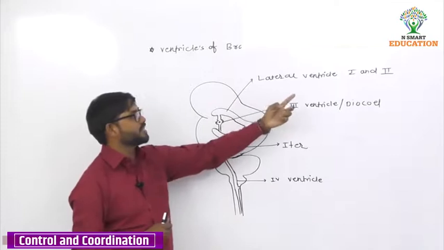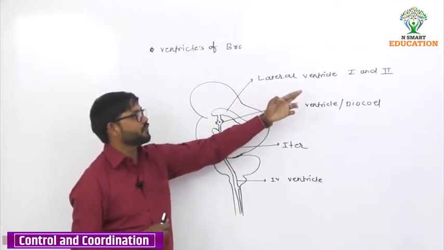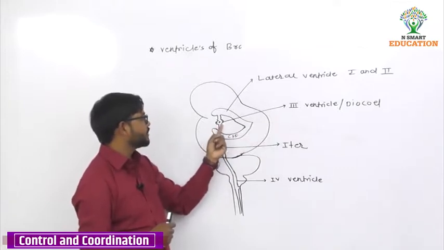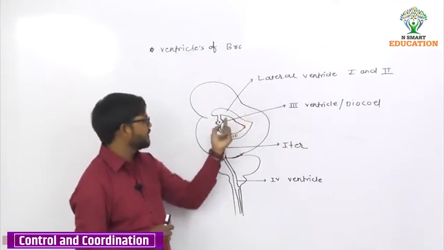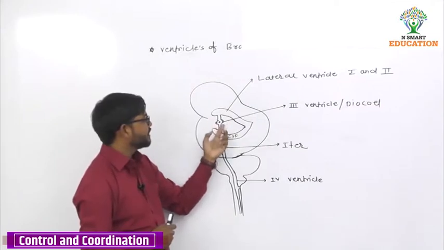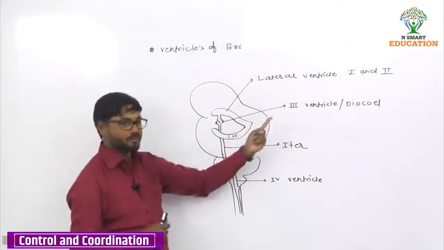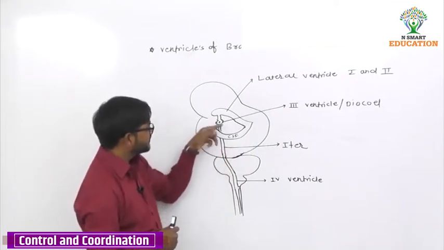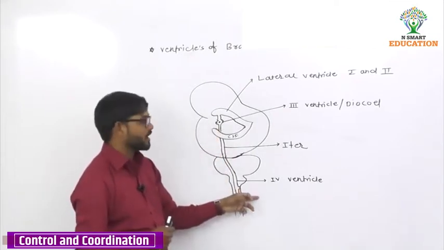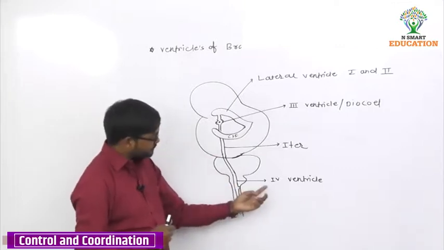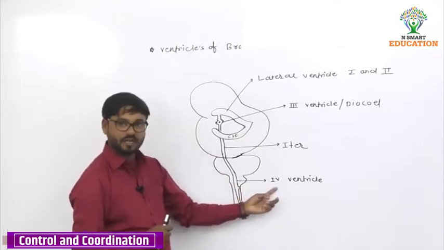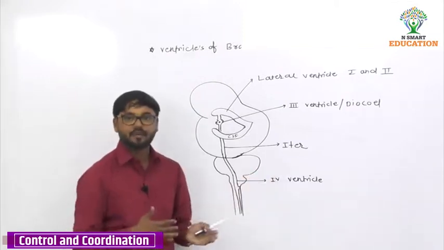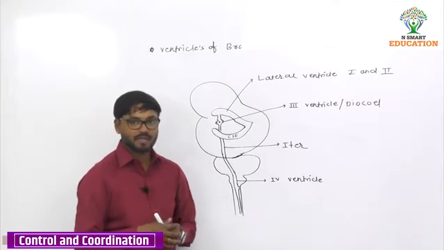The third ventricle is also called the paracoele, and it lies in the middle, called the diocoele. The iter connects the third ventricle to the fourth ventricle. The fourth ventricle is the metacoele. I told you about the metacoele, diocoele and paracoele earlier as well.